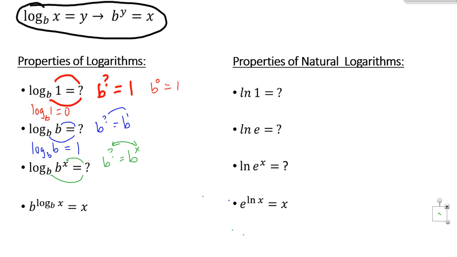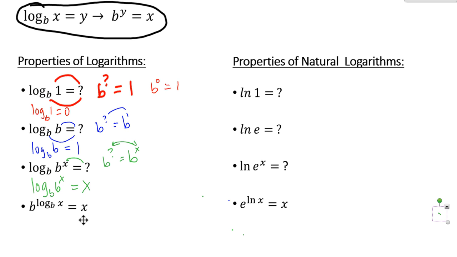So now this property actually turns into log base b of b to the x equals x. It's almost like the log base b and the big B cancel each other. Same for this thing, b to the power log base b of x equals x. We won't use that one very often.